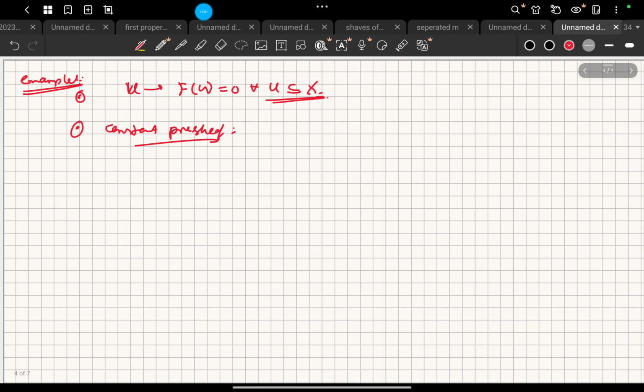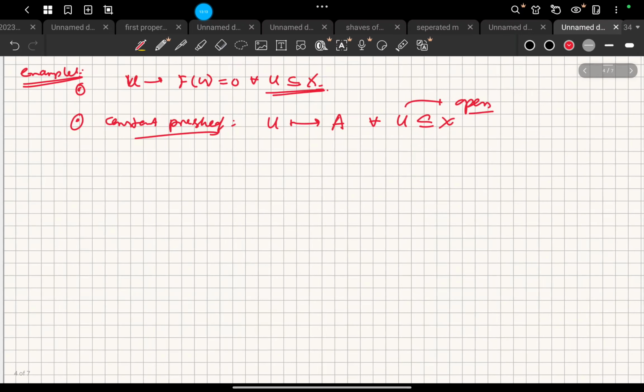Let us consider that U is mapping to a particular abelian group A for all U subset of X, with U open. It is a presheaf.